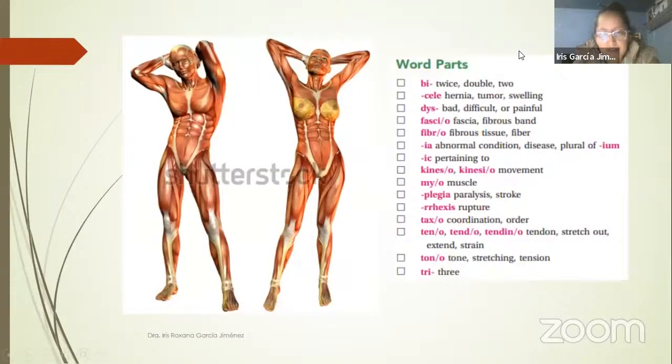The word parts, considering that this is the prefix because we have the hyphen at the end: bi, twice, double or two, we know it. We have the hyphen and the suffix: -sis, dis, again the hyphen, fasci or fascio, the word root, fiber or fibro, the fibrous tissue fiber, we know.